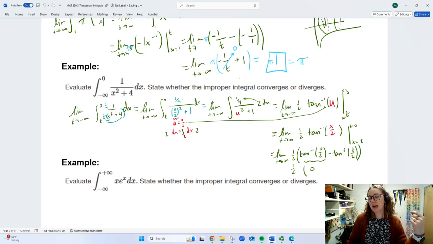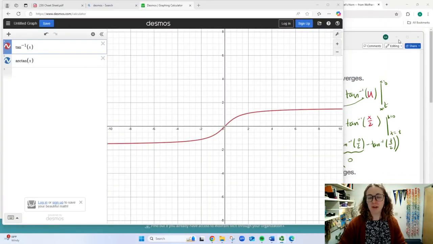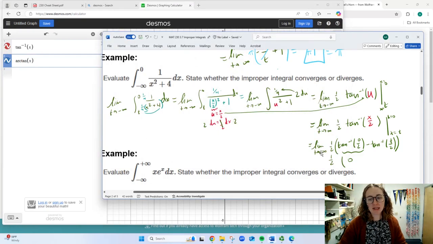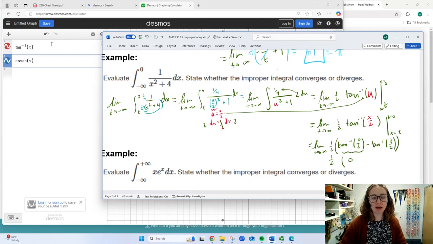I actually want to look at the graph really quick for tangent inverse, or arctan. In Desmos, it doesn't matter whether you use tangent inverse or arctan, they are the same thing, and I'm trying to find my limit as what's inside of this gets smaller and smaller, approaching negative infinity. The divided by 2 isn't going to impact it that much.